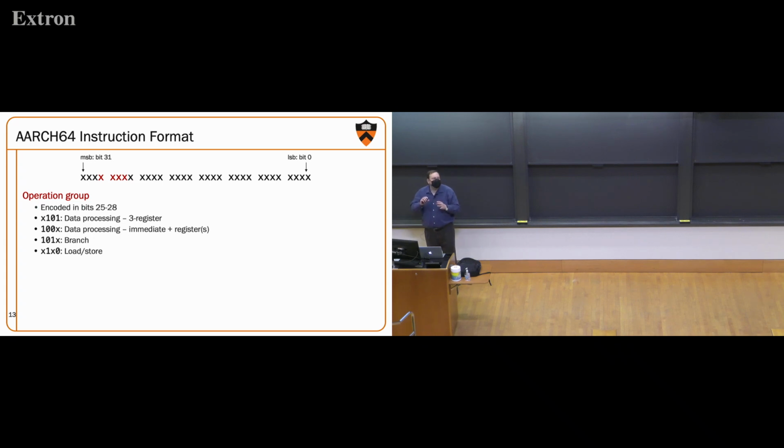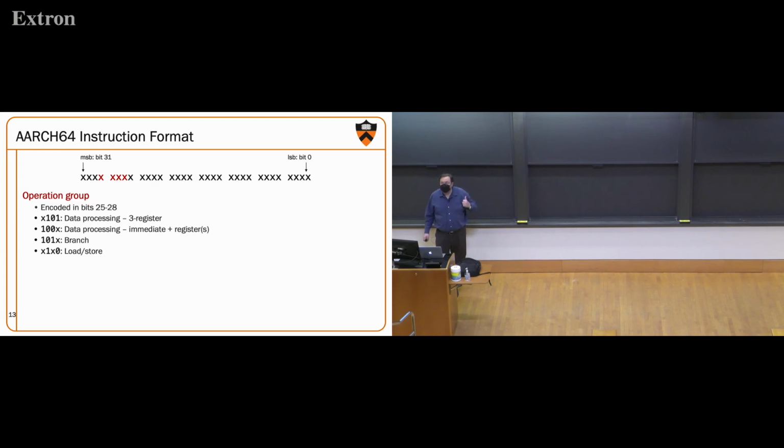Each of these is going to have a layout of bits, an interpretation of bits that works a little bit differently because of the difference in the nature of the instructions and how many registers it needs to know about, and what kind of additional information it needs to know about.